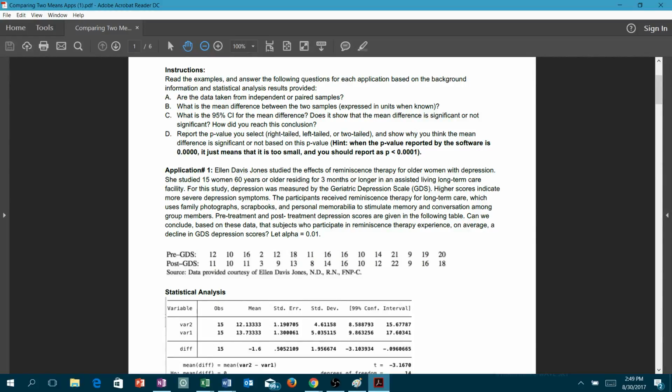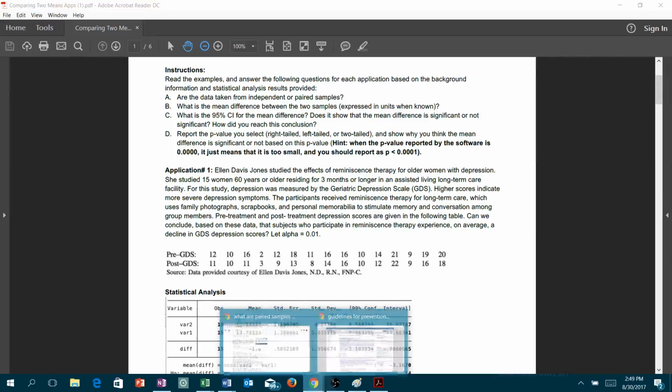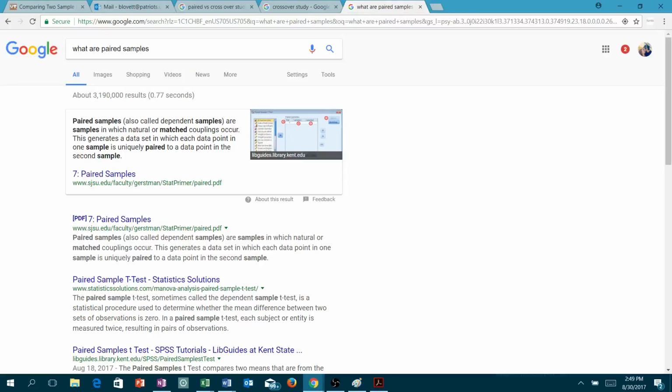I think it's paired because it's not an independent group. What do you think? I think it's paired, because we're testing the same group twice. You have your pre and your post.